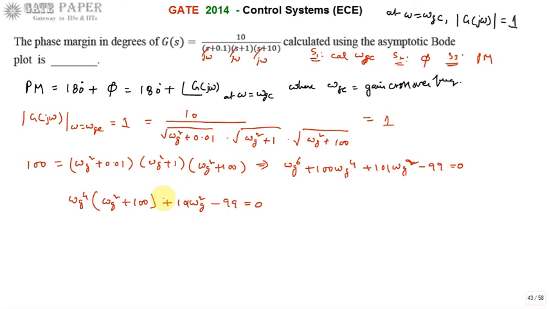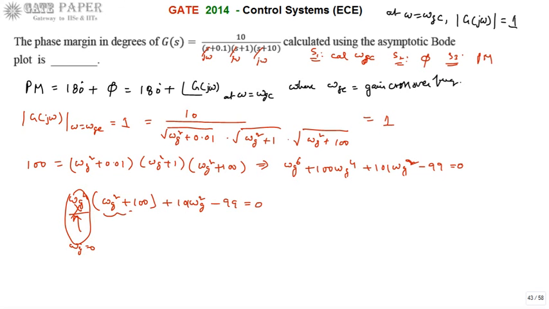So if you take omega g power 4 common, it will be omega g square plus 100, plus 101 omega g square minus 99 is equal to 0. This is omega g power 4 equated to 0, and that would give omega g as 0, but you cannot take this 0.